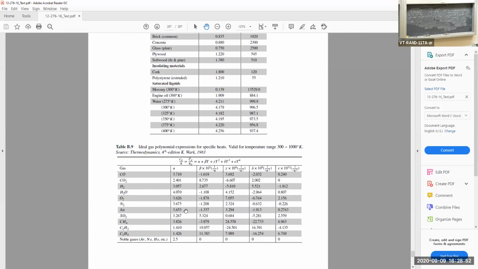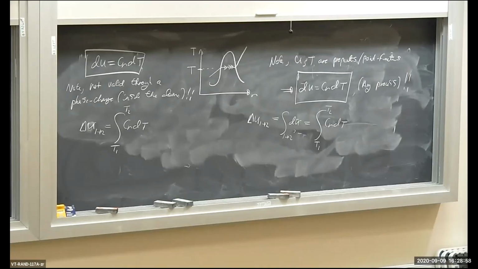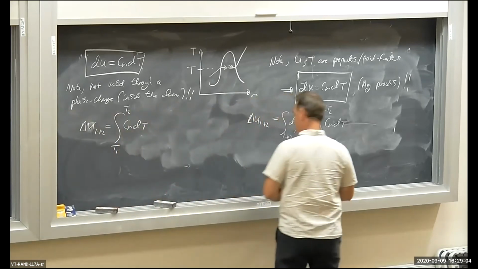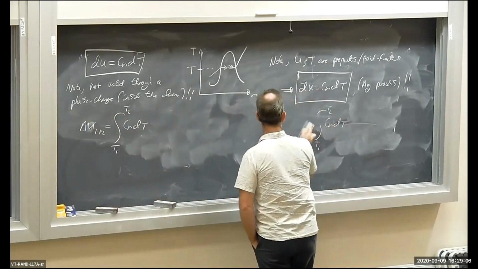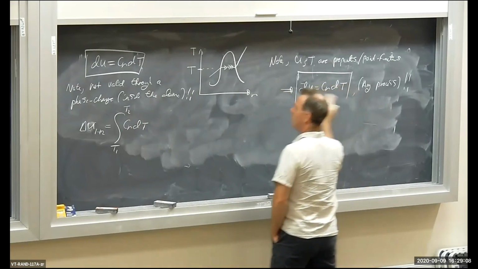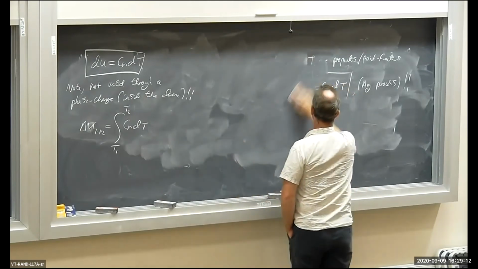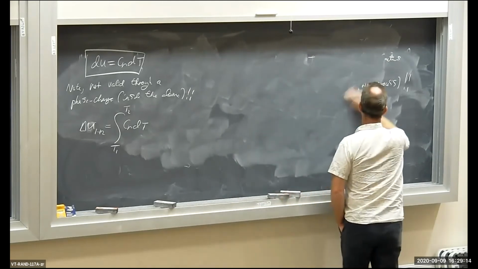So if you want to evaluate this integral exactly, you'll have to find the relationship of CV as a function of temperature so you can determine what delta U is by the integral.